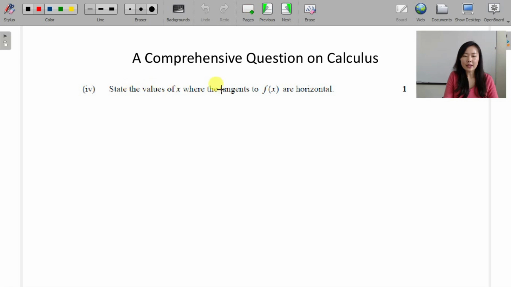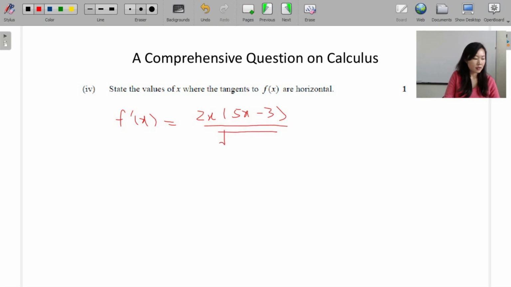State the values of x where the tangents to f x are horizontal. So if you look at the derivative, right, horizontal means gradient is 0, flat. All right, so in other words, you need to solve f dash x to 0 if you want it to be horizontal.